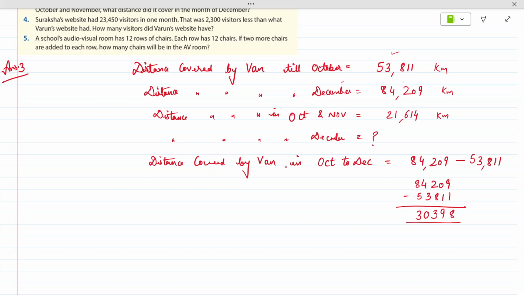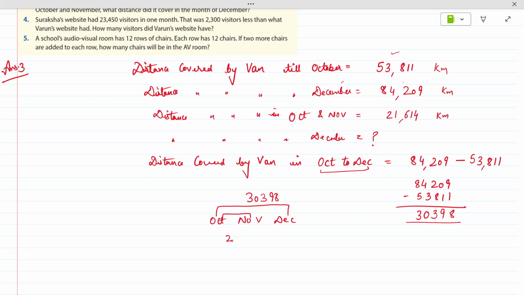Now, this is the distance covered by the van in these 3 months. Now what we are given is October, November, December. The total distance covered in these 3 months is 30,398, which we have just taken out. Also, what is given to us is the distance covered in October and November, meaning the distance covered in these 2 months.